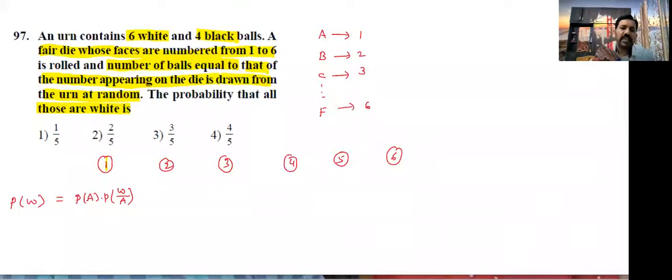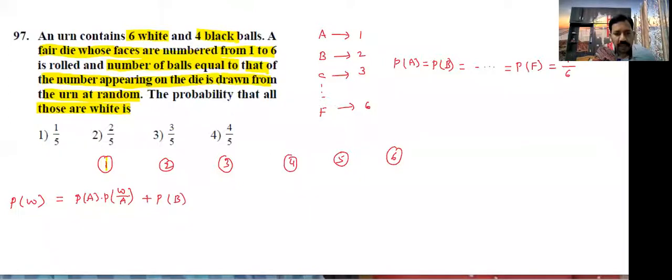These are all equally likely events. Yes or no? P of A, P of B, P of C, and so on up to P of F. What is the probability of getting a number? 1 by 6. Okay.